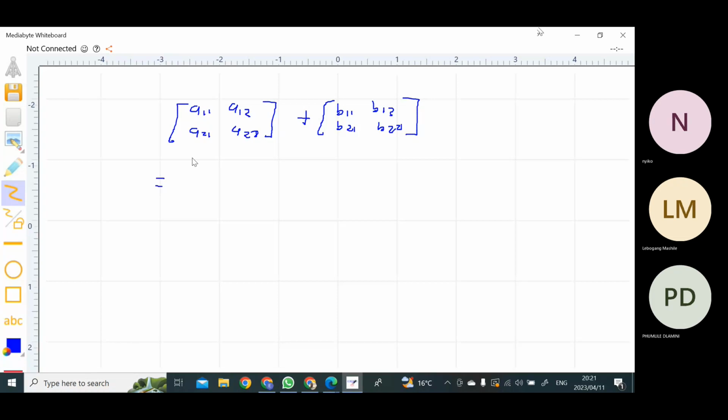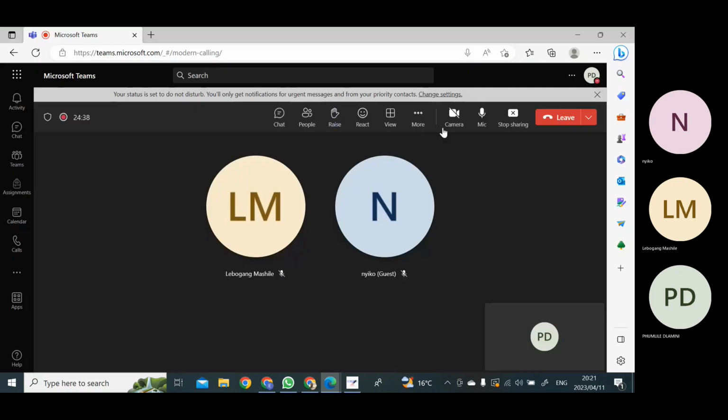Then when we add them, for the first value here, I will put the brackets, we're going to have A11 plus B11. This is for the first one, and then for the other one it is going to be A12 plus B12.